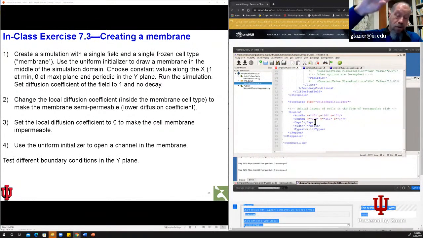And I can draw a box. Box min in the x direction would be 95 to 105. Sorry, I did this exactly wrong. x min 95, and I want y to be 0. I want x max to be 105, and y max to be 200, because I have a 200 by 200 lattice.